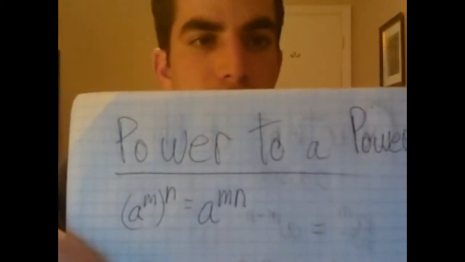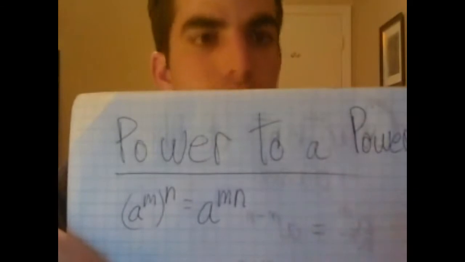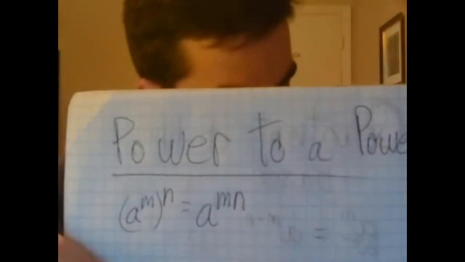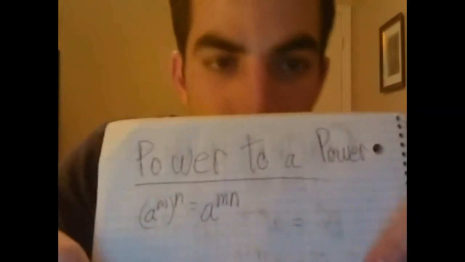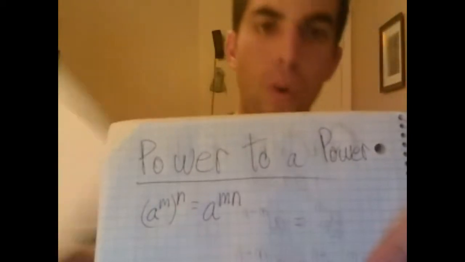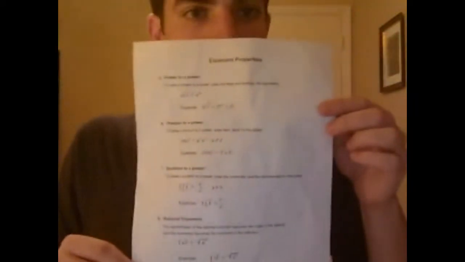The power to a power law says a to the m, parentheses, to the n equals a to the mn, right? That parentheses is important because if you see those parentheses, it tells you that it's one of these properties from the back of your sheet, right?